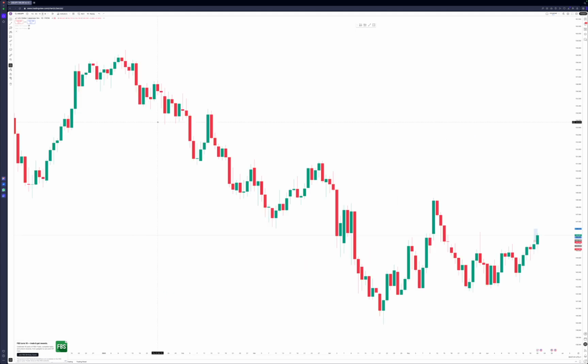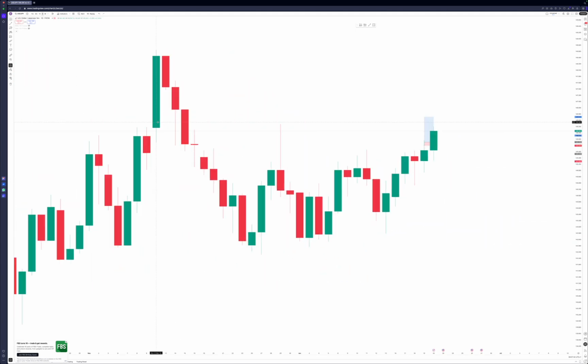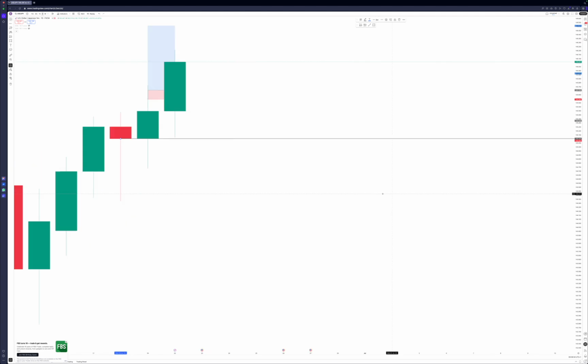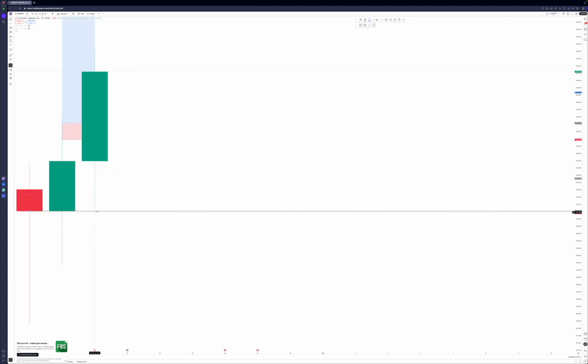I was expecting price to come to this area before I could take action here. Did it? It didn't come to this level. You can see the gap.